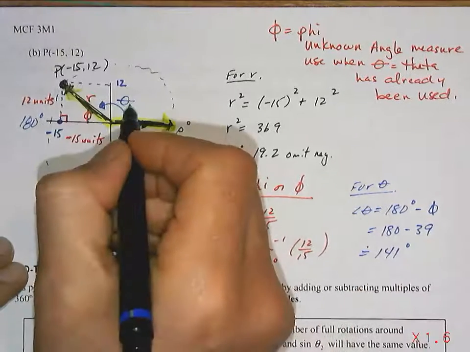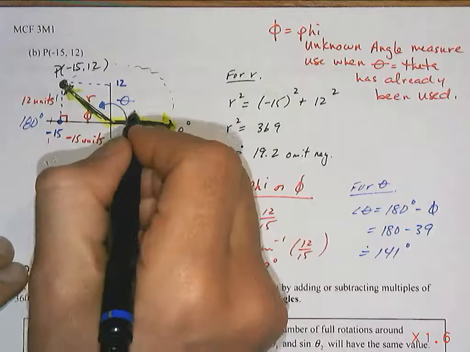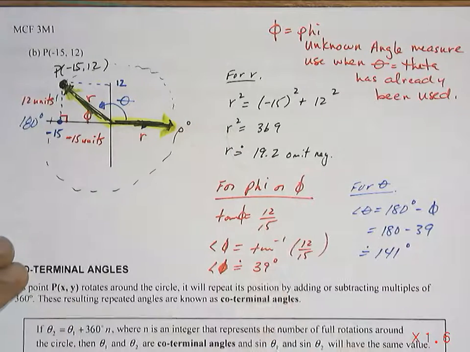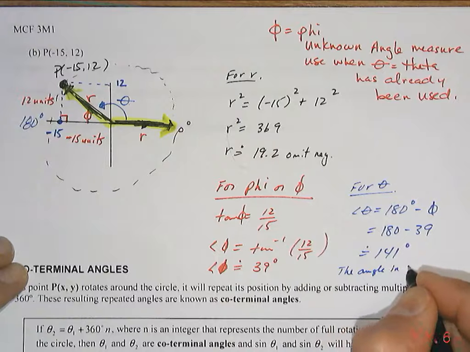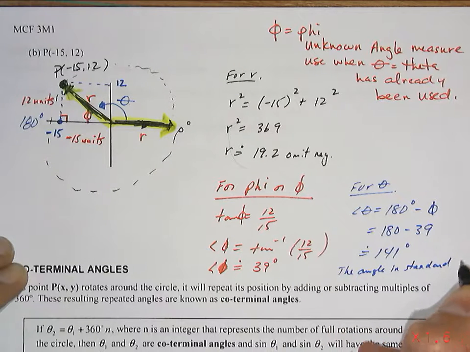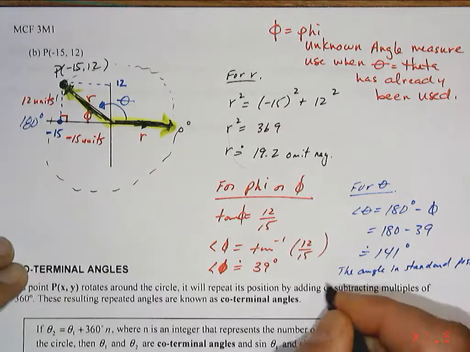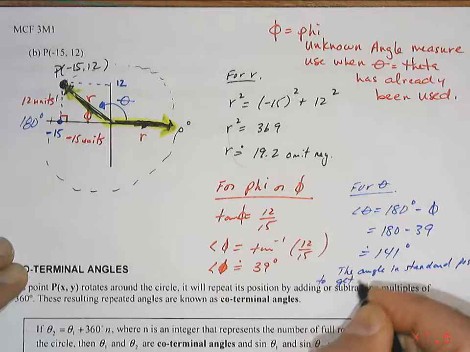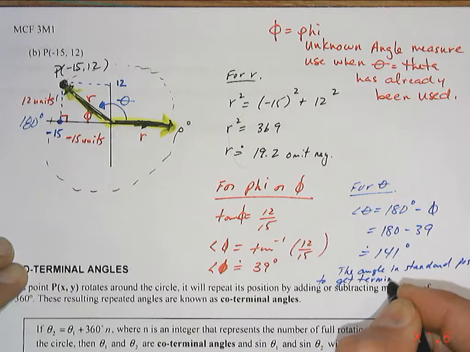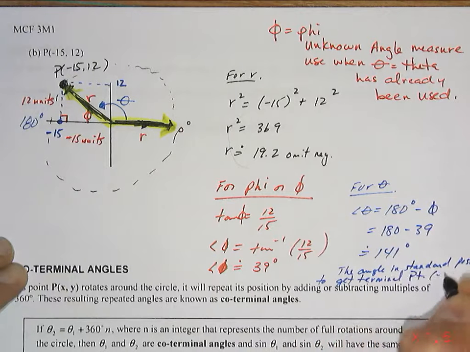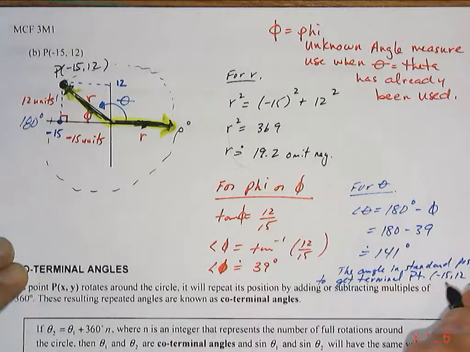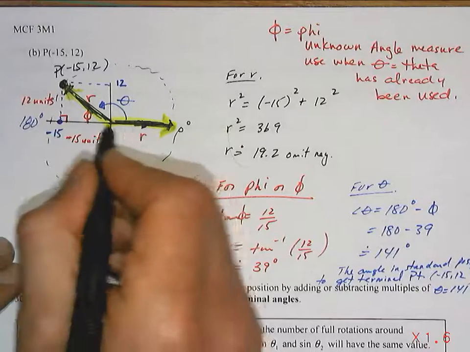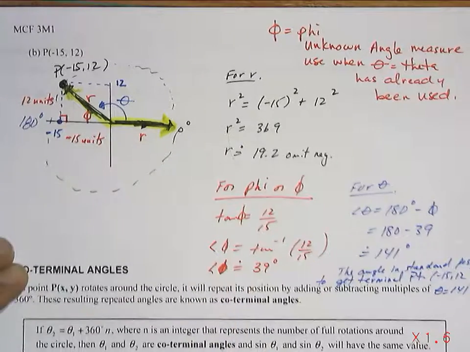So the angle in standard position, the angle that I want, is 141 degrees, and that's here. This is the angle in standard position to get a terminal point negative 15, 12. So in other words, to stop here at negative 15, 12, we need an angle of 141 degrees starting here, going that way.